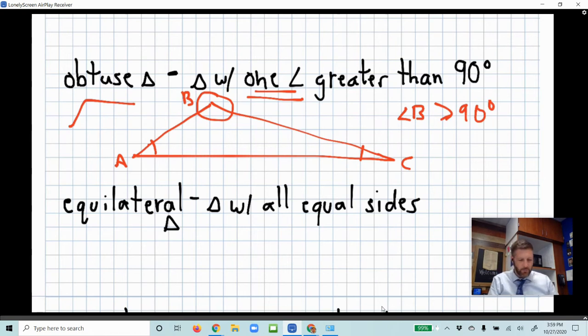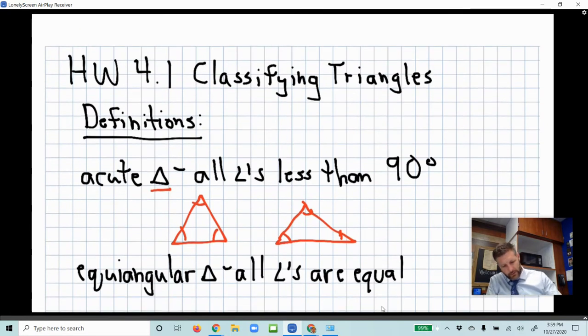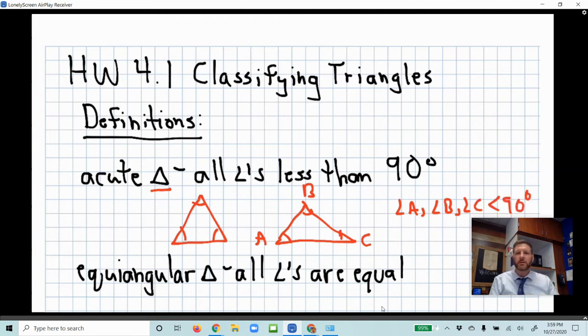And so for that reason, we have here an obtuse triangle. Whereas, let's go back to the acute triangle, and maybe I'll label the same thing, angles A, B, and C. Here, we'd say angle A and angle B and angle C are all less than 90 degrees. So that's what makes it acute versus obtuse.